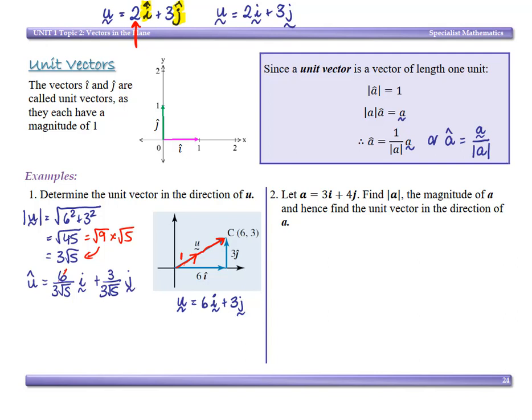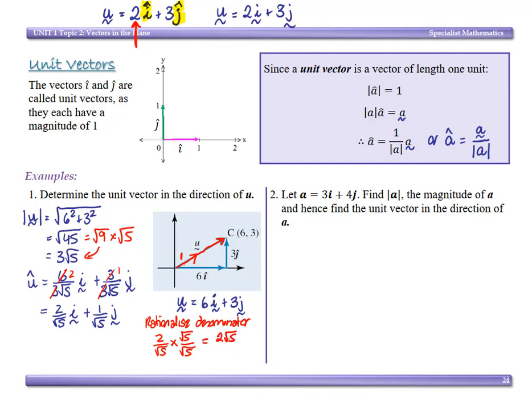Now I can simplify my fractions and get 2 over root 5 i plus 1 over root 5 j. Now I need to rationalize the denominator. So a quick review of that. If I've got 2 over root 5, I times by 1, which is root 5 on root 5.